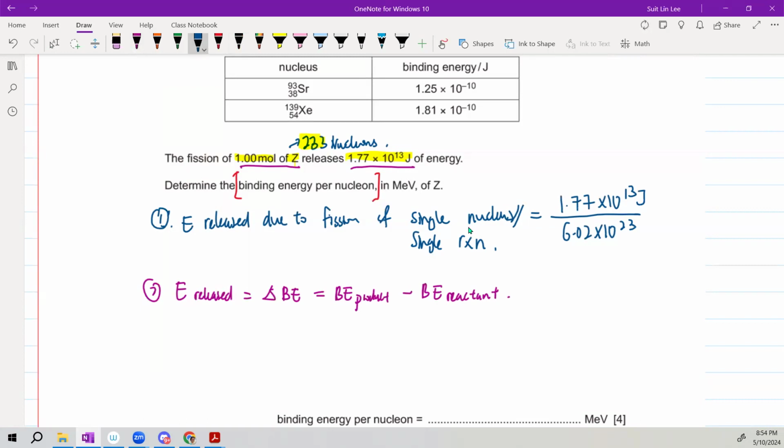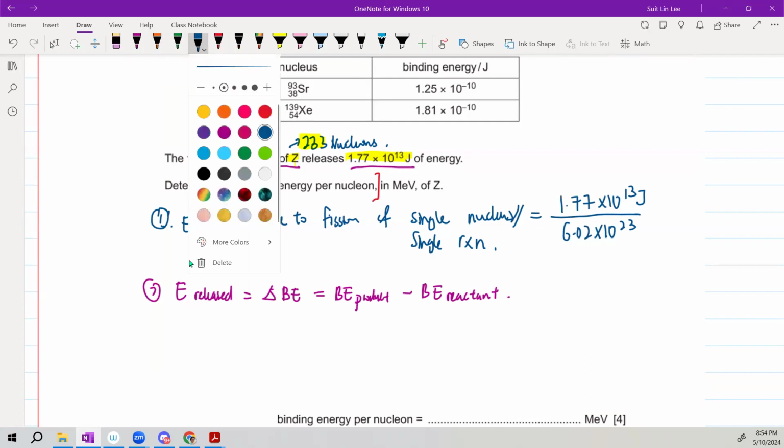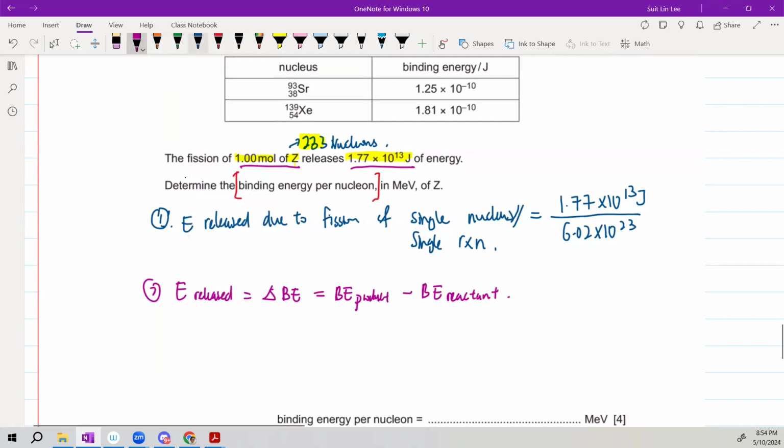This is in Joules. So I know the energy released here would be 1.77 times 10 to the power 13. I don't want to press my calculator first simply because I don't want to round my numbers first. I want to have them there.